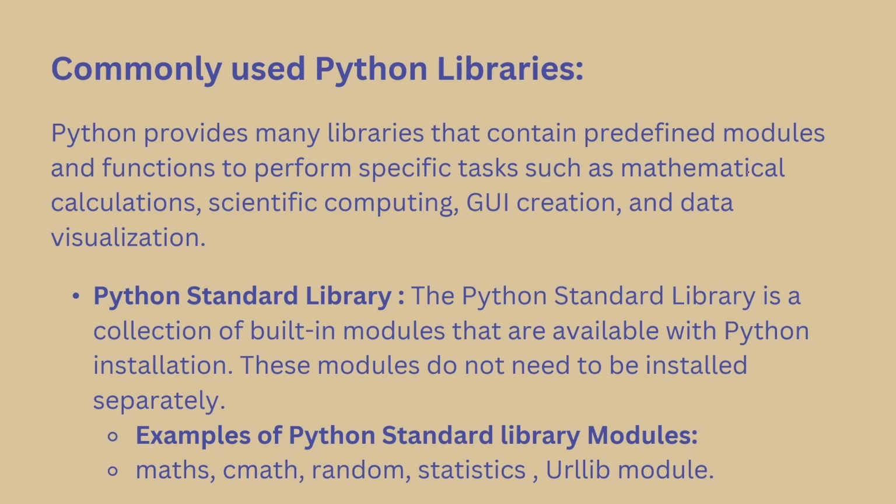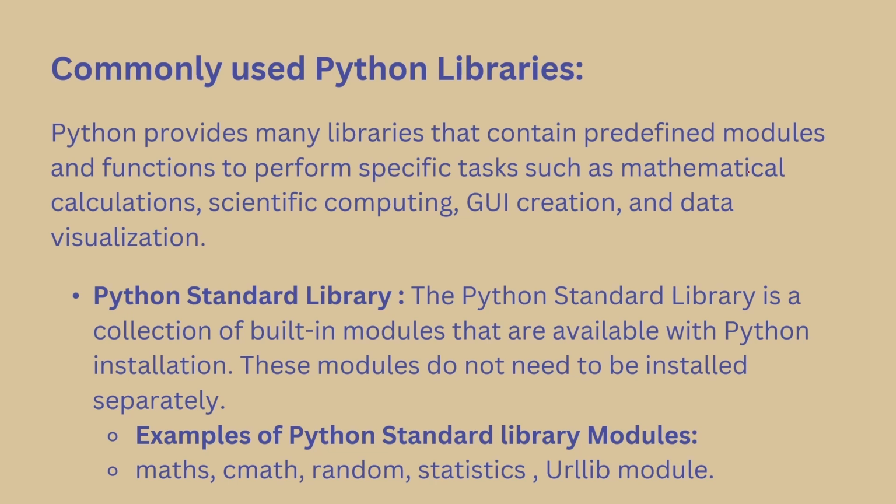Commonly used Python libraries. Python provides many libraries that contain predefined modules and functions to perform specific tasks, such as mathematical calculation, scientific computing, GUI creation, and data visualization. These libraries are used for specific tasks.